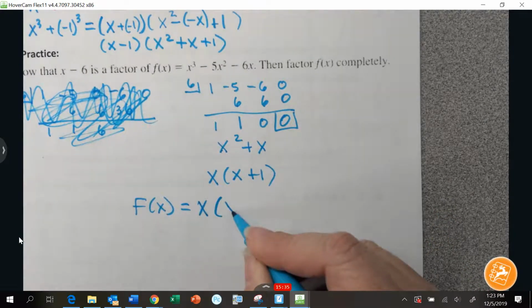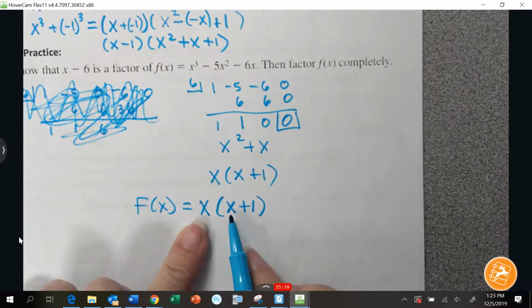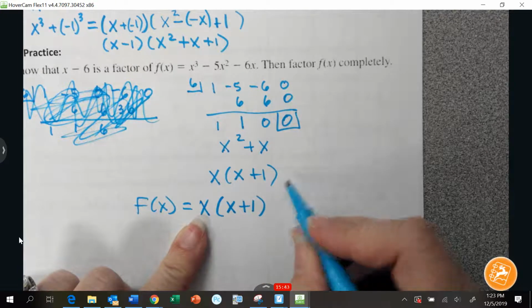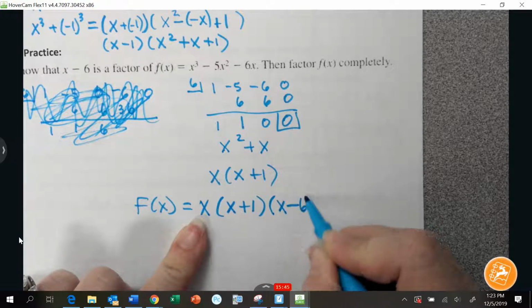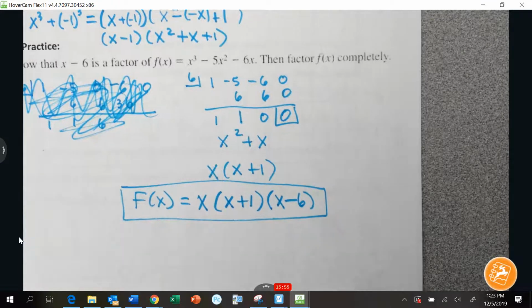Another factor is that x plus 1, but that only gives me quadratic. Where's the cubic power coming from? X minus 6 is that other factor. See? Yep, that's it. Okay.